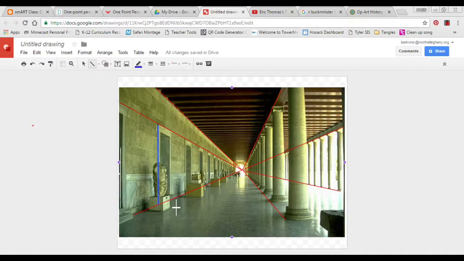The same goes for this side of the door, it also stays vertical. So the tops and the bottoms, that's what's changing size, getting smaller as it moves away from us. But the sides of the door stay perfectly vertical.